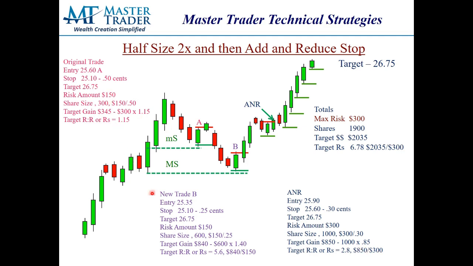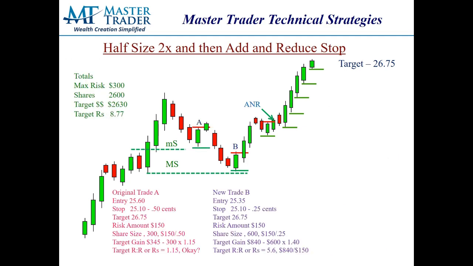Now with the combination of my trades A, B, and my add and reduce, I've still only risked $300. I've got 1,900 shares. My target profit would be $2,035, and my R would be 6.78. In other words, I'd make 6.78 times my $300 risk, or $2,035.